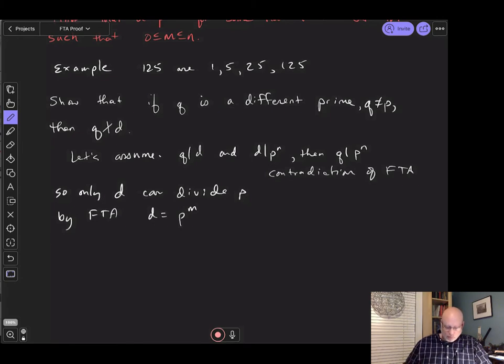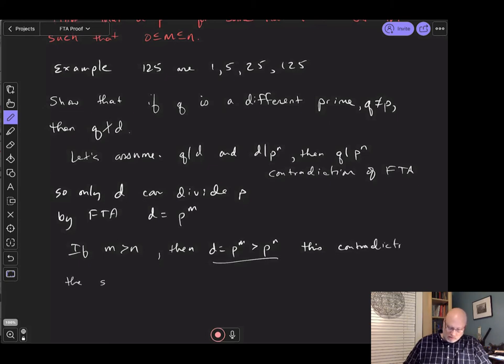This is pretty straightforward, because if M is greater than N, then it follows that P to the M should be greater than P to the N, but we've said that D is P to the M. If this were the case, then this contradicts the statement that D divides P to the N. Okay?